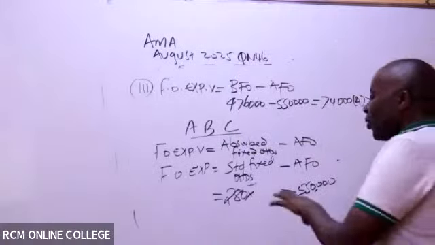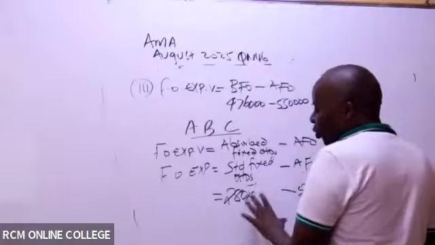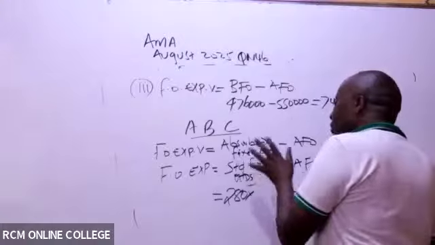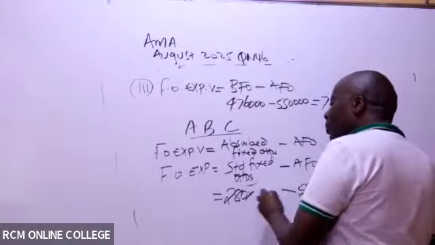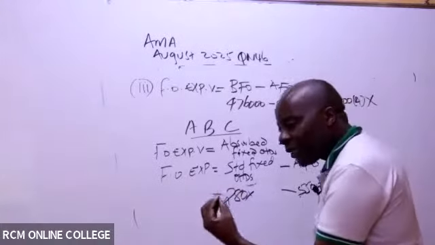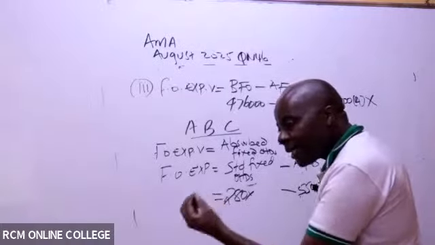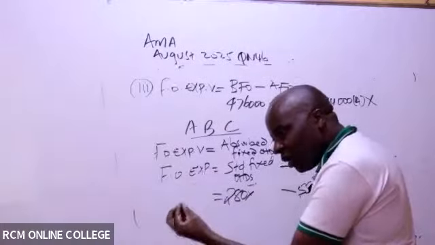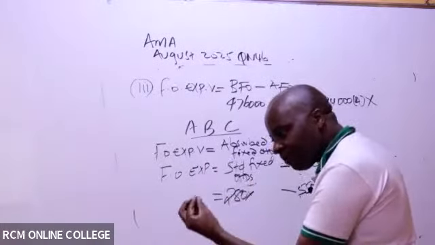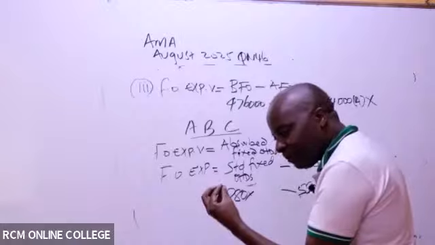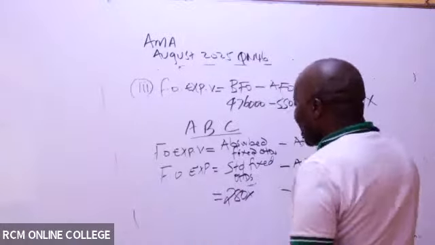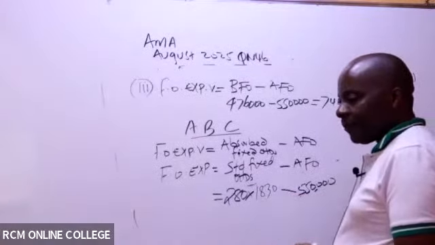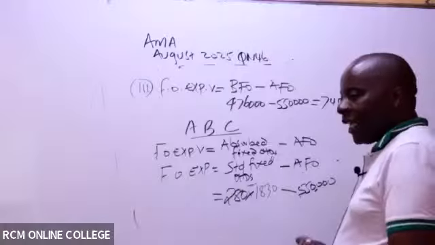I know some students are saying 5,200, because you know standard fixed overheads are based on actual output. But 280 is not per unit, 280 is per setup. So you multiply 280 with the actual number of setups, which are 1830.